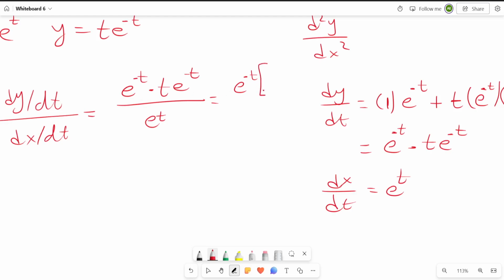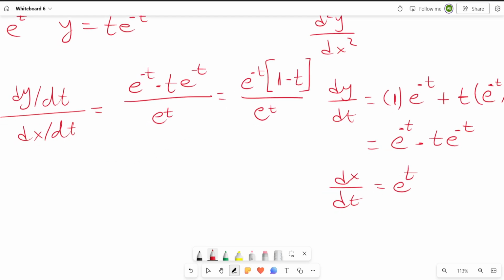This is going to be 1, because e power negative t divide e power negative t is 1, and then minus t, taking out e power negative t is basically t, over e power t. So I can rewrite that, I can move this e power t to the other side. It's going to be e power negative t multiplying e power negative t multiplying 1 minus t.